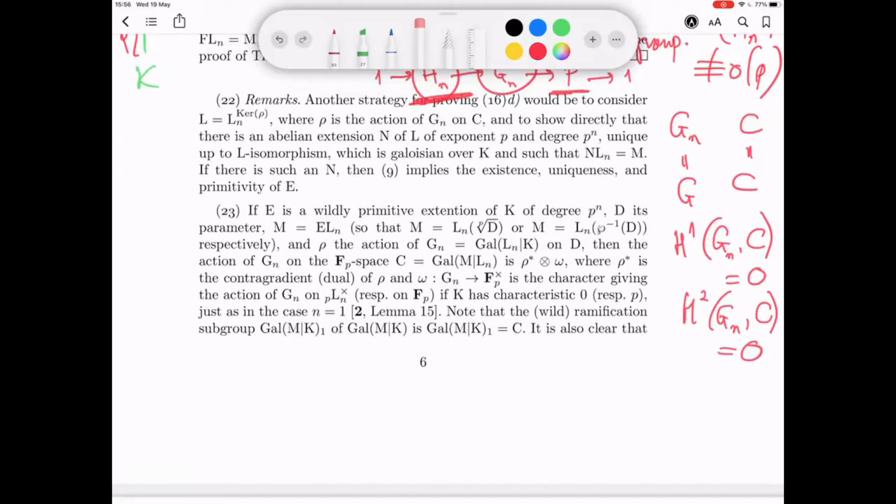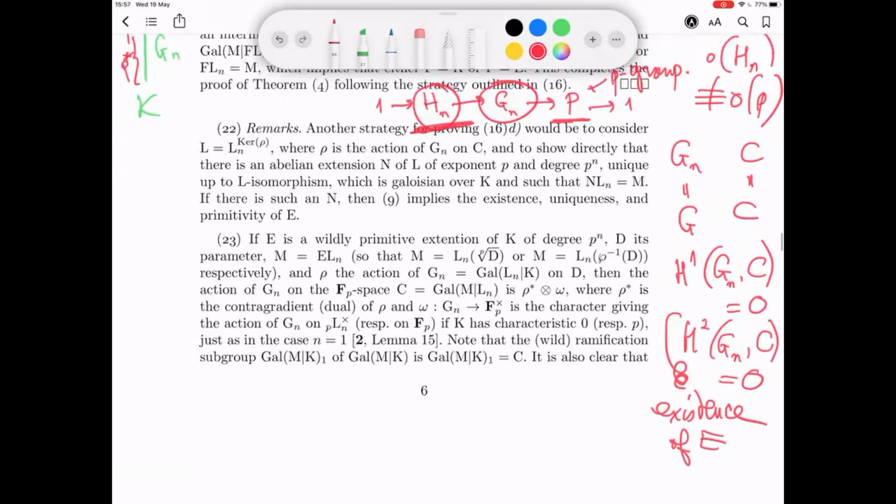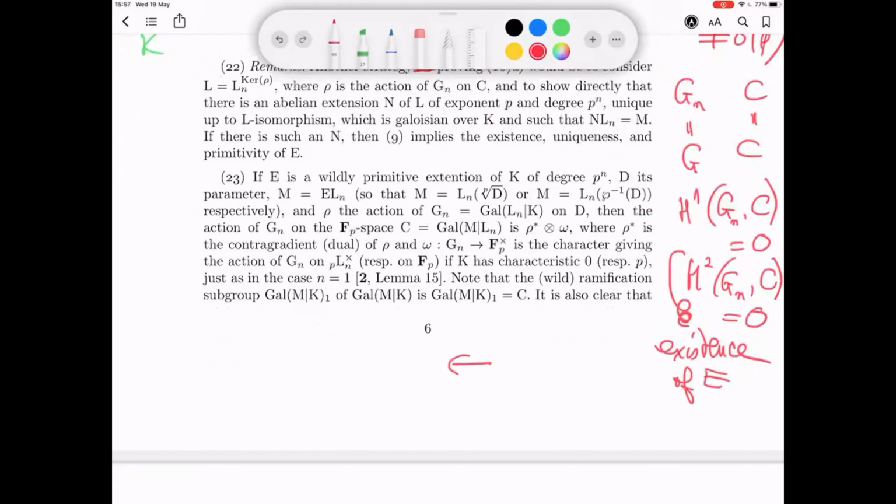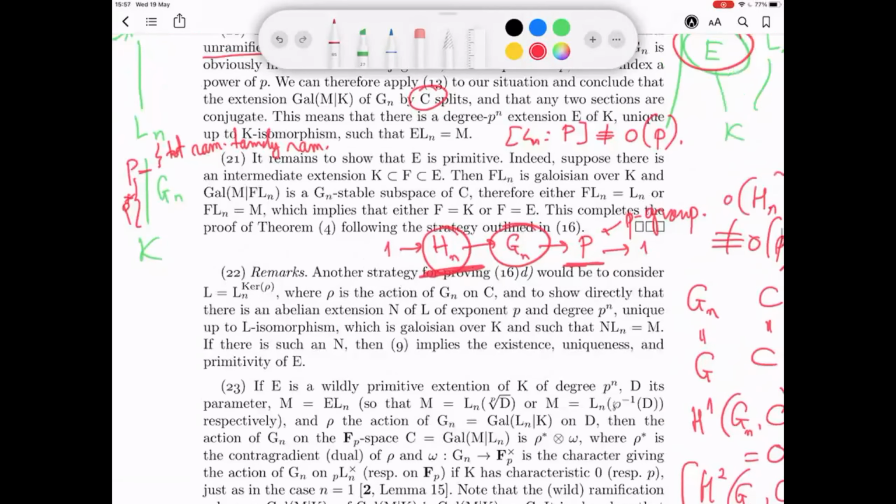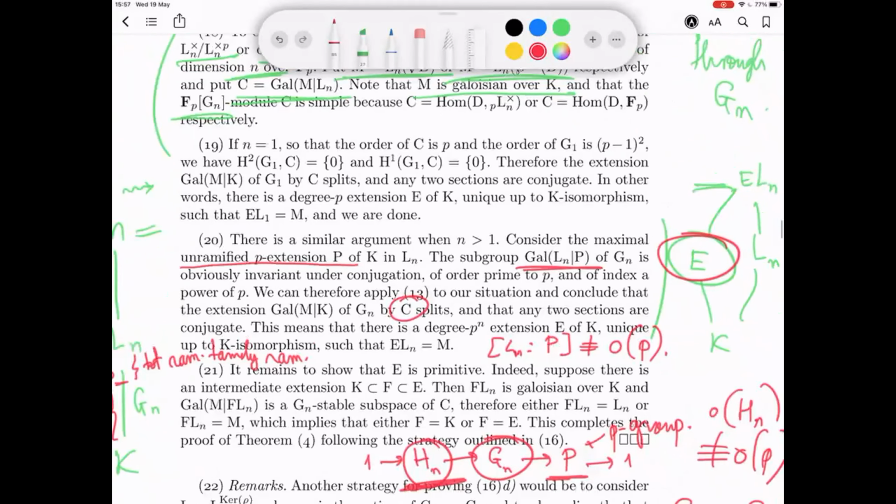Now, the vanishing of this H^2 implies the existence of E. How is that? Because the vanishing says that there is a section, which means that there is a subgroup, and I can take the invariants under that subgroup, and those invariants give me an extension, and that's the extension E that we are looking for.